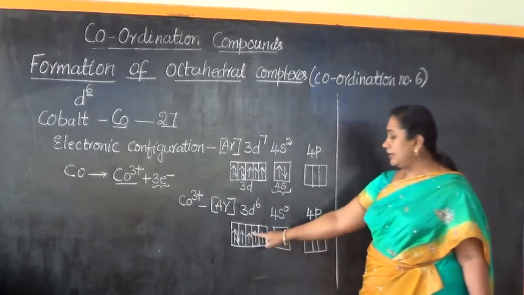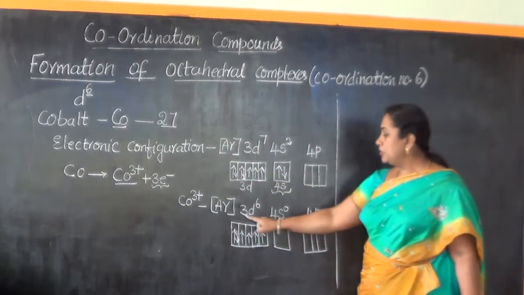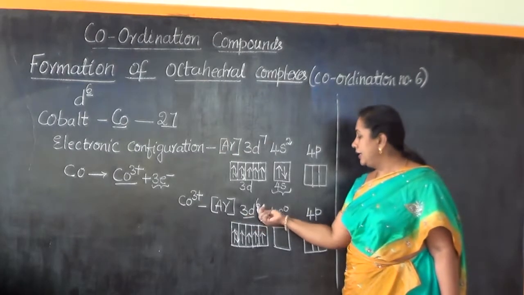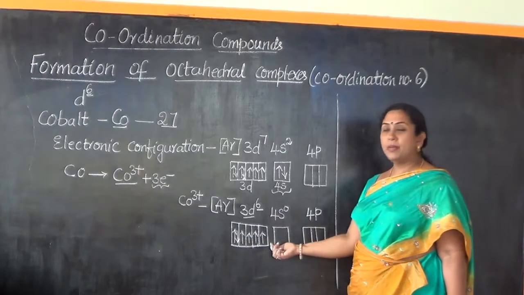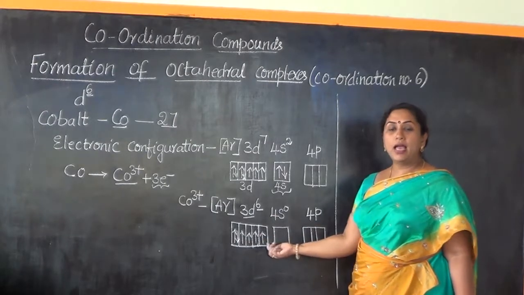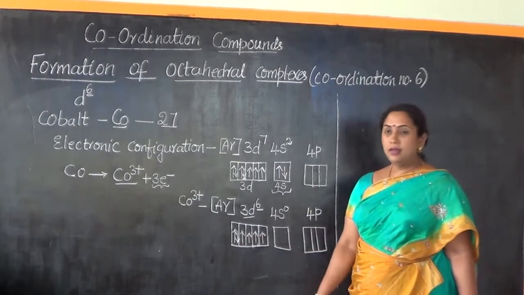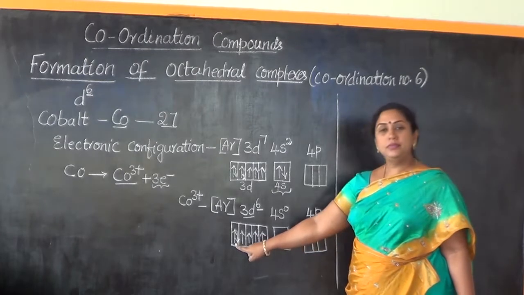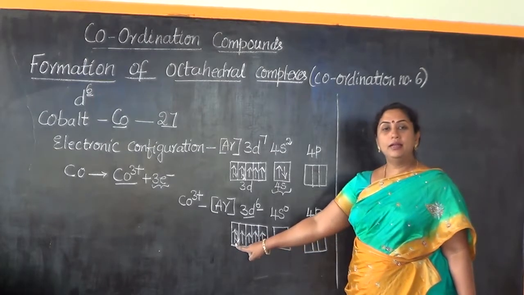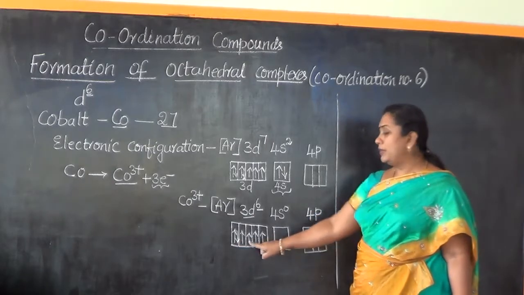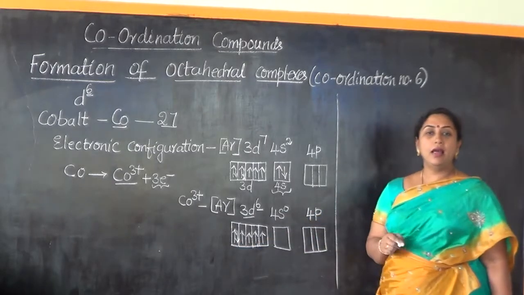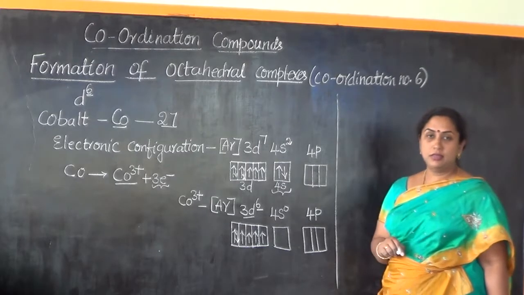You can see in this case, Co3+ is containing 6 electrons, and these 6 electrons are present in the orbitals of d as shown here. Only one of the orbitals of d will contain paired electrons. The remaining 4 orbitals of d will contain unpaired electrons.